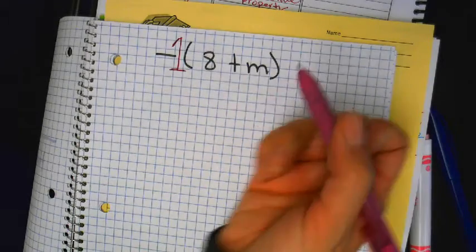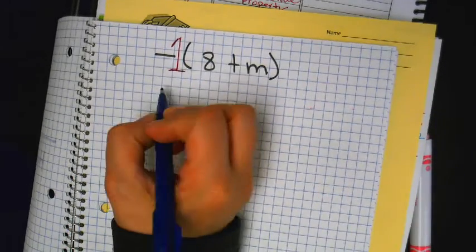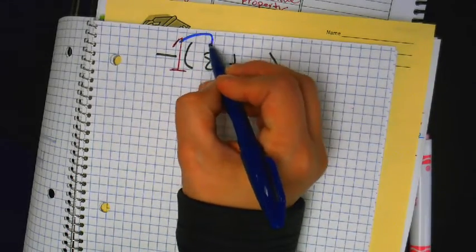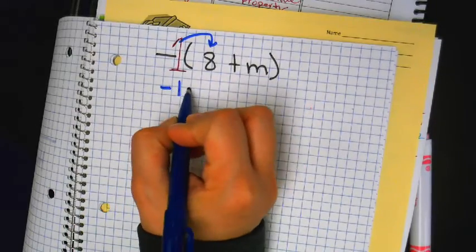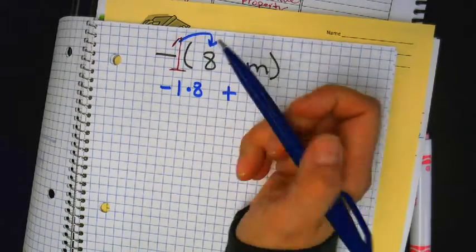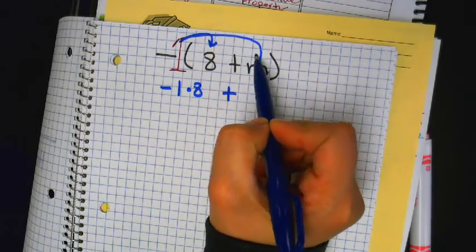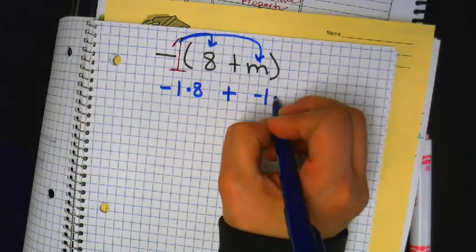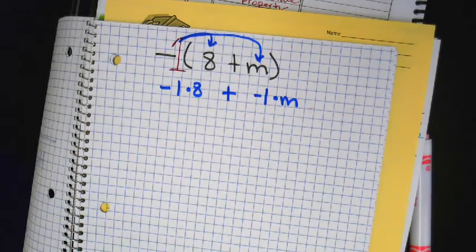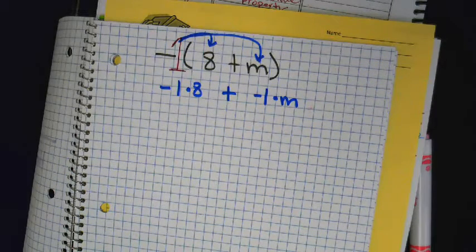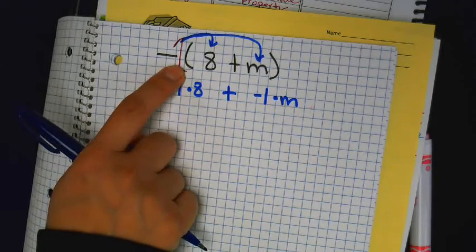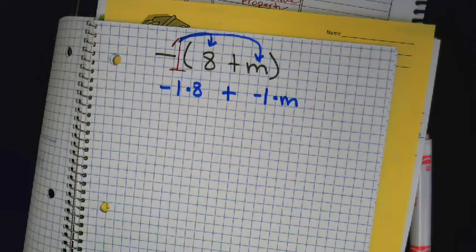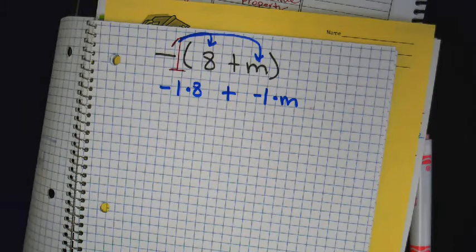So we're going to distribute -1 to the 8 plus the -1 to the m. -1 times m. When you see a negative outside with no number, it's really a -1. You'll see that a lot in 8th grade and in high school.